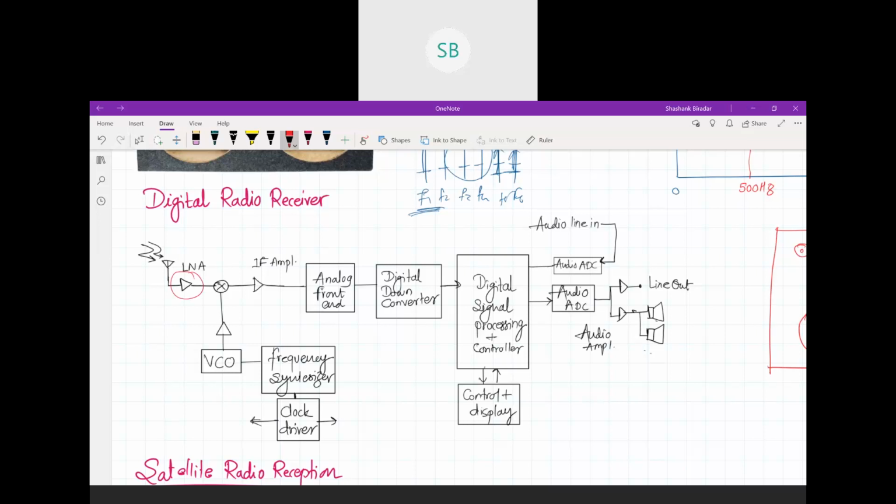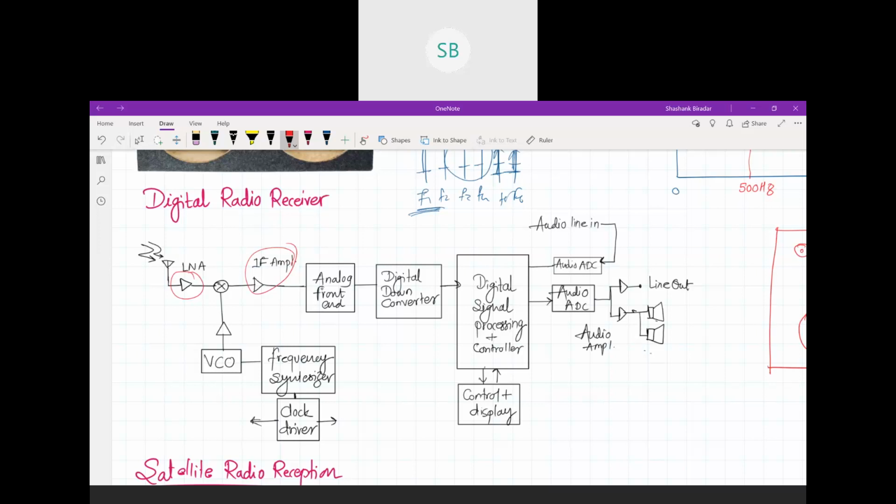The LNA amplifies the analog RF signal from the antenna. This signal is then mixed with the local oscillator signal produced by the frequency synthesizer, and an IF signal is produced. So this is an analog IF signal.